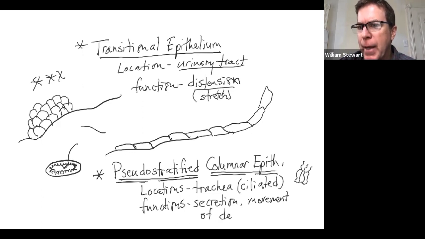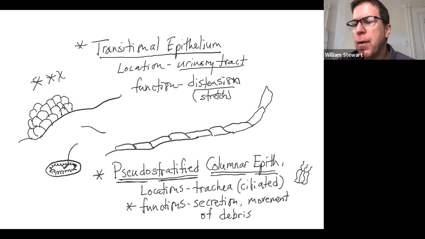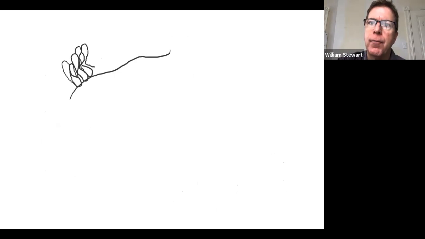Now I'm going to explain on my next page what that means. I'll show you what it looks like, and then I'll show you how it functions. So let's move over to a new board. I'm going to draw the pseudostratified columnar epithelial cells. These cells are tall, hence the name columnar, but it looks like a hodgepodge of cells like this, so it makes us think that it's more than one layer. When we look at it under a microscope, it looks like this. You can see the nucleus in each of these individual cells.